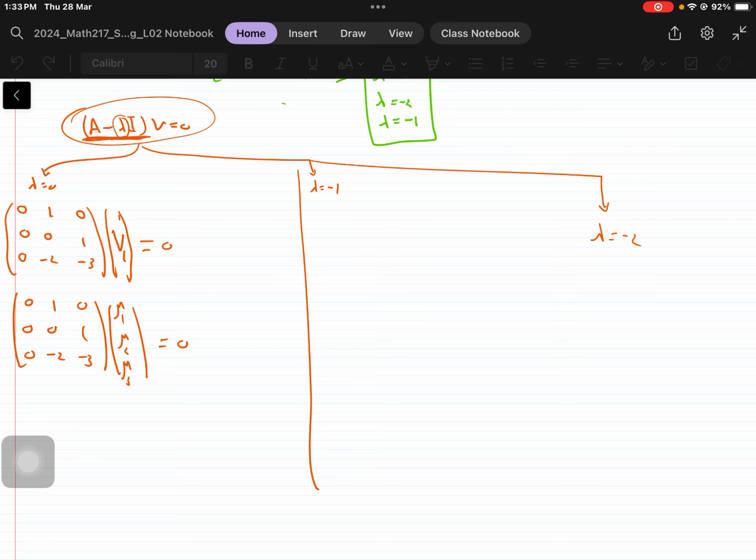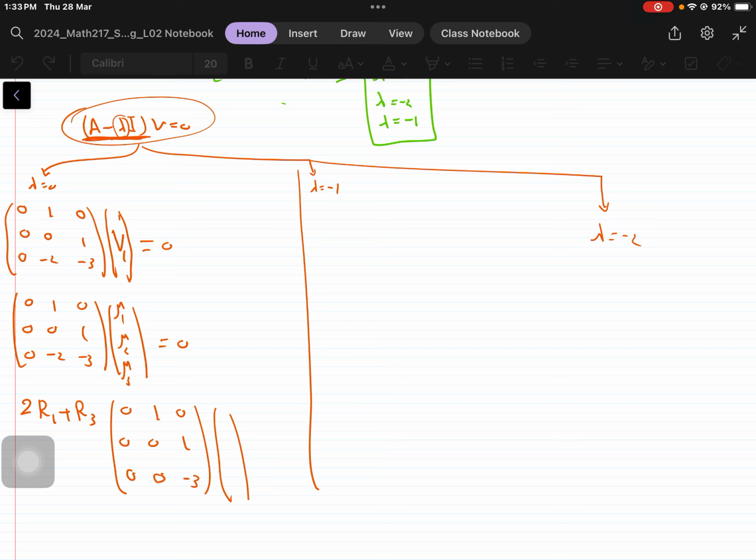So it will be 2 R1 plus R3, which will give us 0, 1, 0, that will stay there, 0, 0, 1, we didn't touch this one, but this one will be 0, 0, negative 3, because the 0 added to it, there is no change.